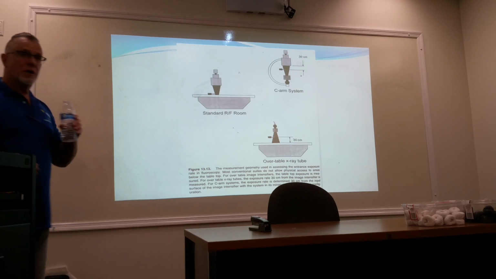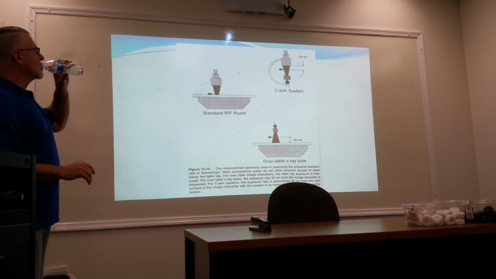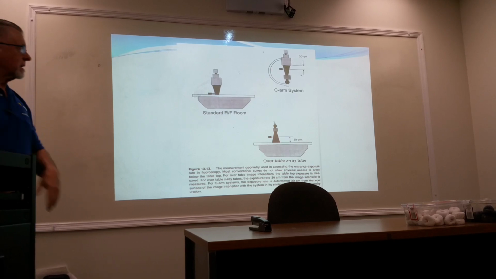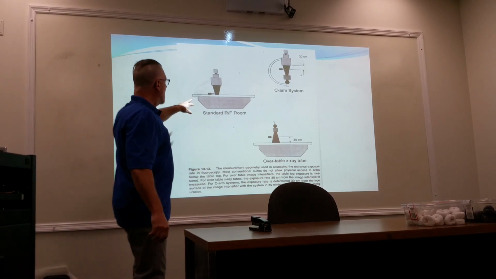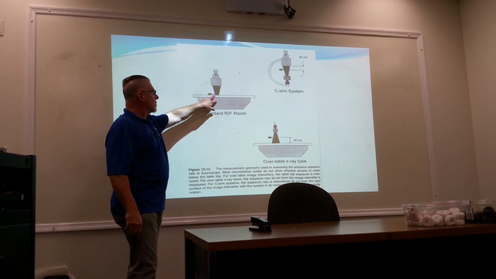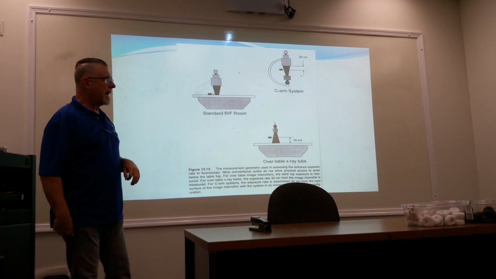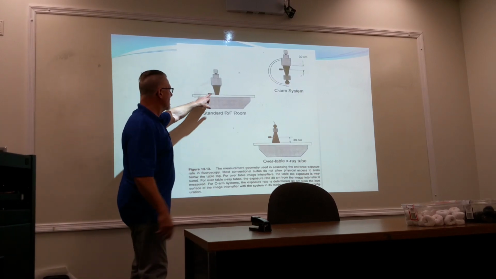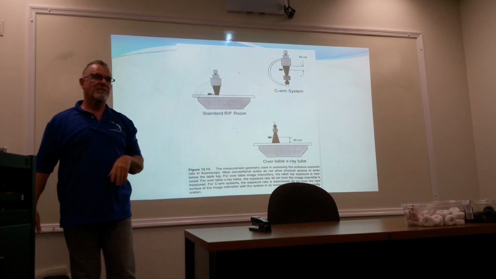You have to figure out where you're going to measure it for these three different types. For a standard RF room, like we have in the back, you put your measuring device at tabletop. It never gets right at tabletop, but you measure it here. And then guess what you have to do?